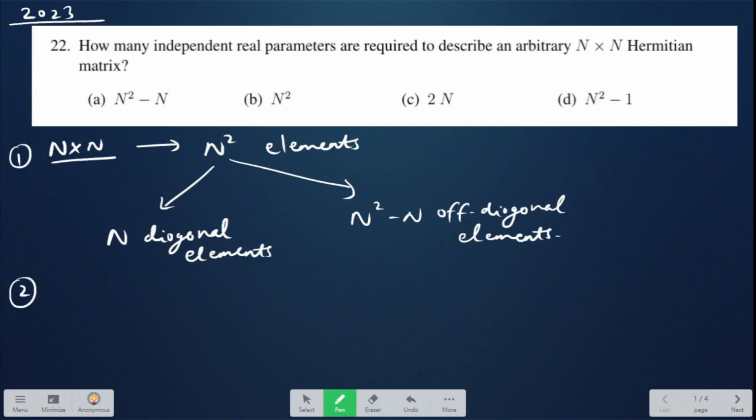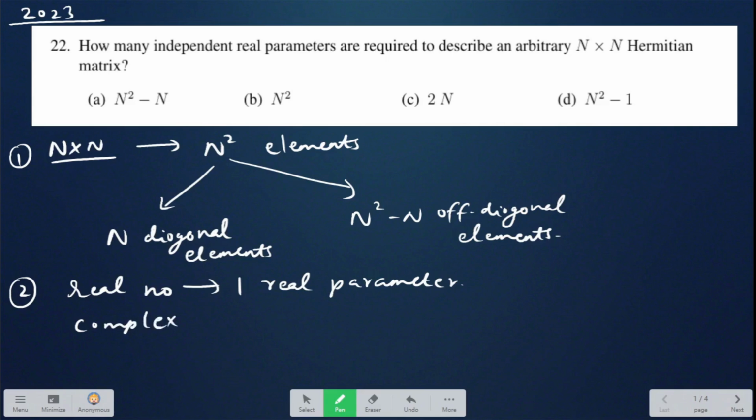The second point is, to represent a real number, you need one real parameter. To represent a complex number, you need two real parameters, because complex numbers are defined in the form a plus ib, or you can say x plus iy.